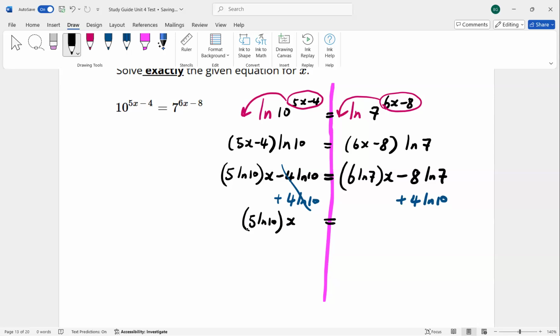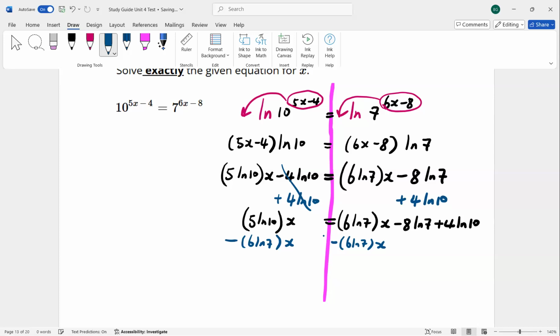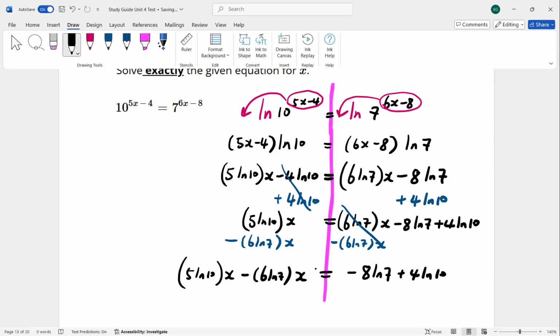On the right side, we have 6 ln 7 x minus 8 ln 7 plus 4 ln 10. And the next step, I'm going to subtract 6 ln 7 x from each side, and they cancel. On the right side, we have negative 8 ln 7 plus 4 ln 10. On the left, we have 5 ln 10 x minus 6 ln 7 x.